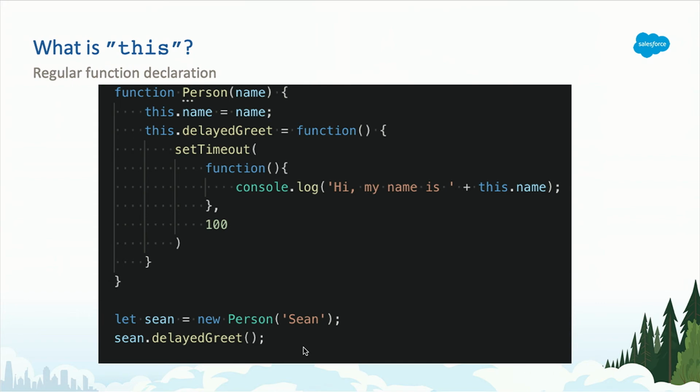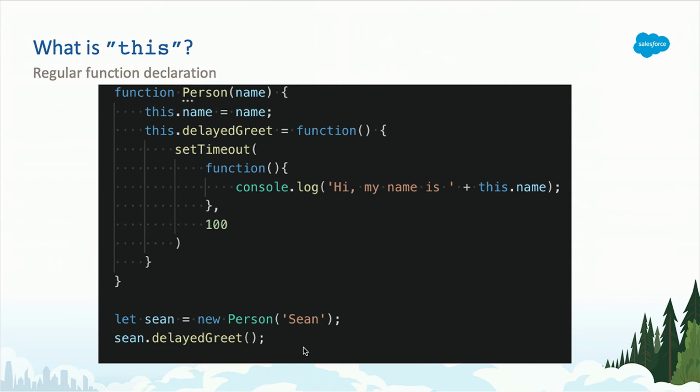Let's take a look at this Person function. When the constructor is called, we create an object that has a name and a delayedGreet. Instead of just saying the greeting, it's going to pass a function to a setTimeout, which just calls the function later after 100 milliseconds, and then logs, hi, my name is whatever this.name is.